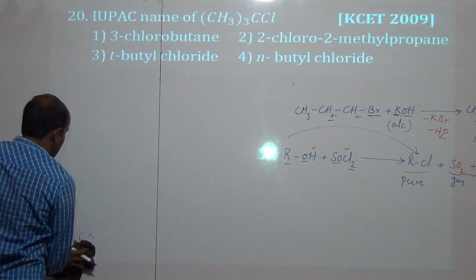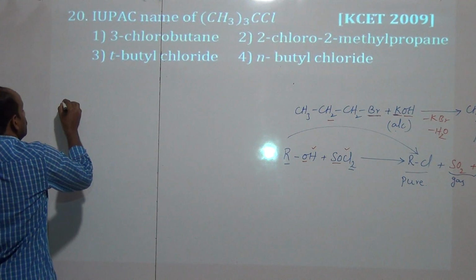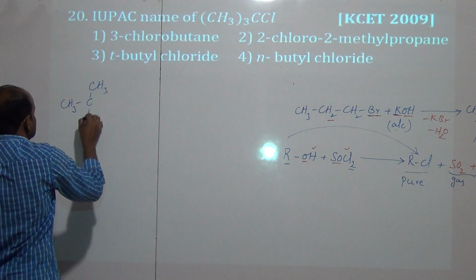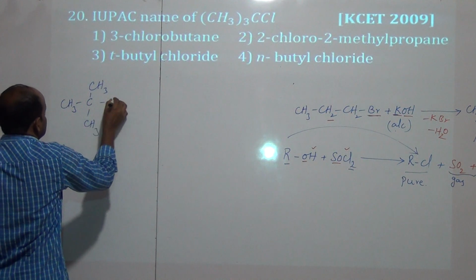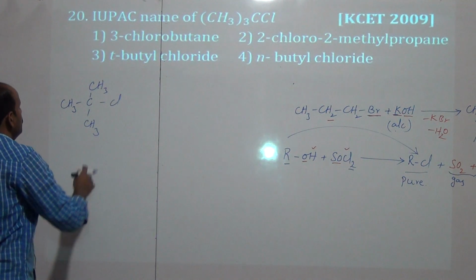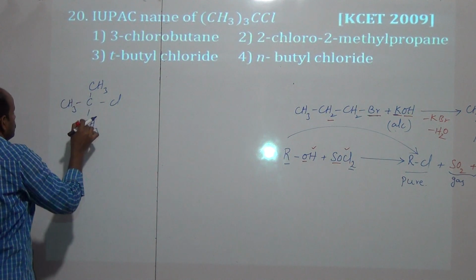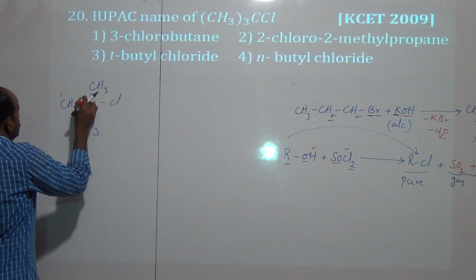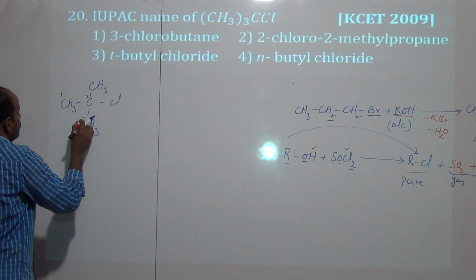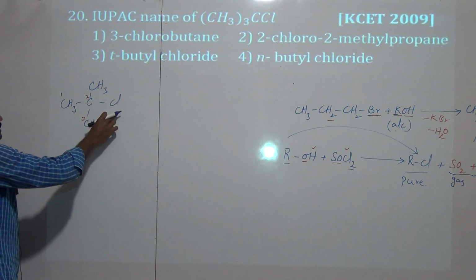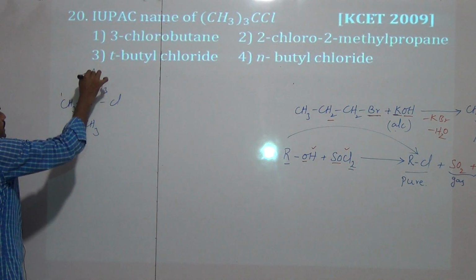That molecule can be written as CH3, C, CH3, CH3, Cl. Then the longest chain is this one. Here 1, 2, 3. Then on the second carbon, two substituents are present. It is the methyl.